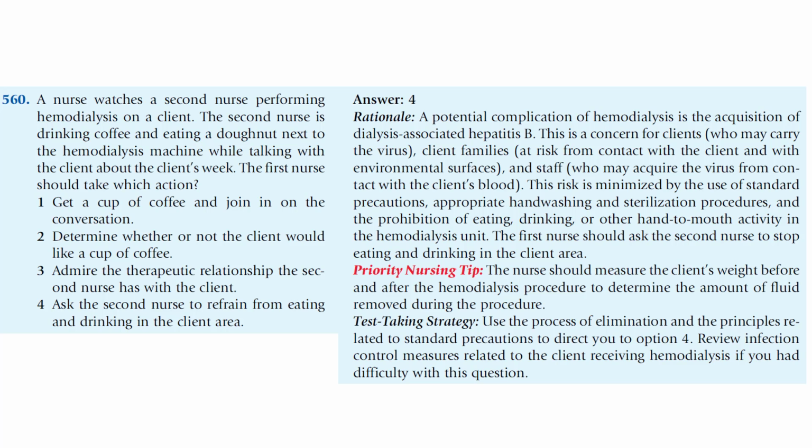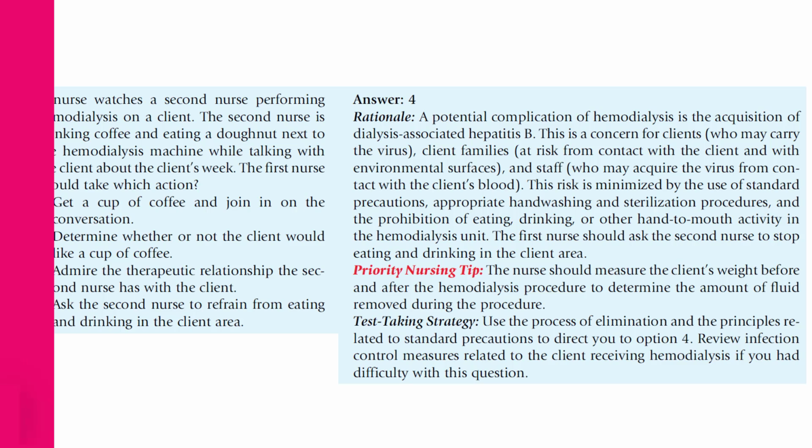This risk is minimized by the use of standard precautions, appropriate hand washing and sterilization procedures, and the prohibition of eating, drinking, or other hand-to-mouth activity in the hemodialysis unit. The first nurse should ask the second nurse to stop eating and drinking in the client area.